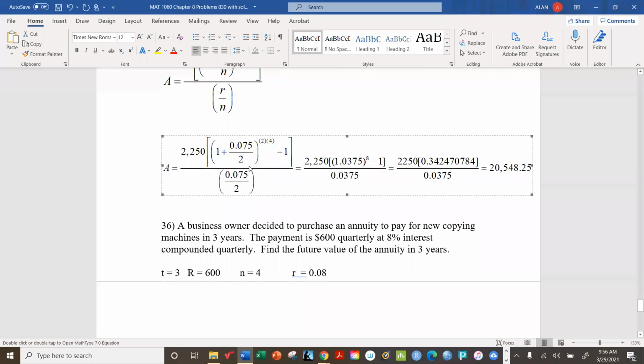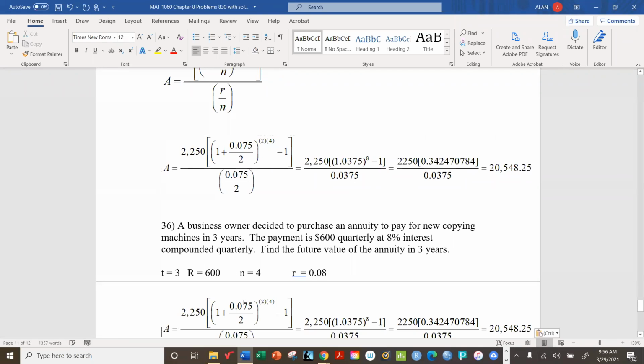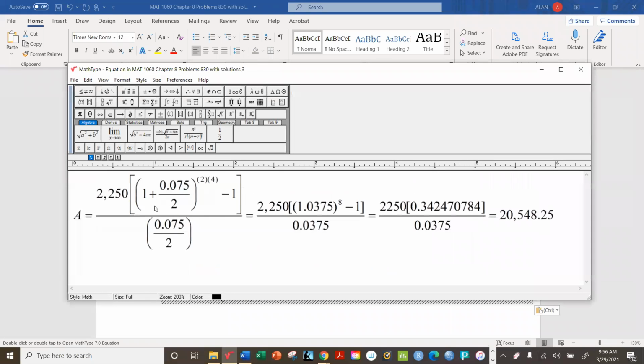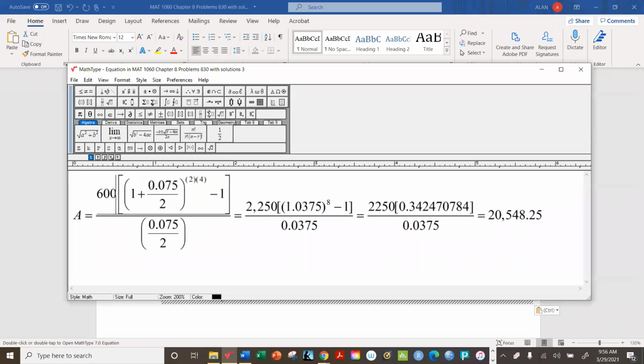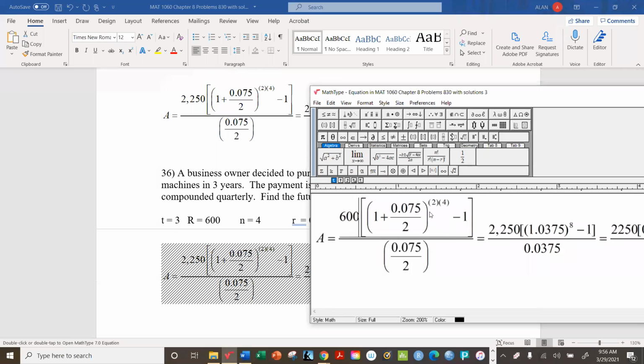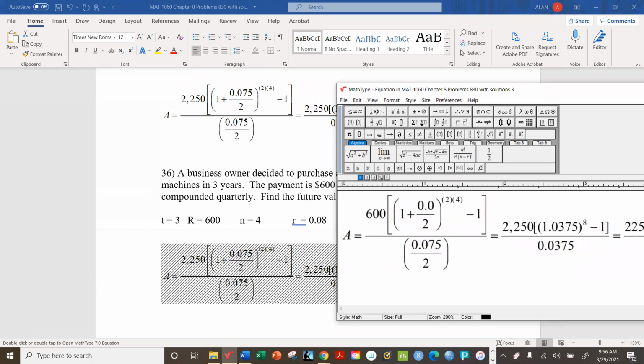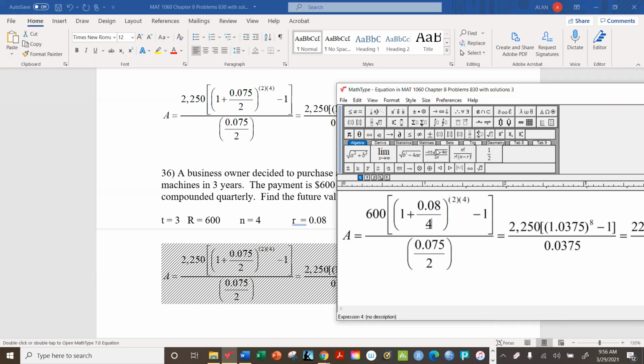So we'll use this formula. I'll just borrow this one and recycle it basically by replacing all these numbers with the new numbers. $600, 8%, and n times t.